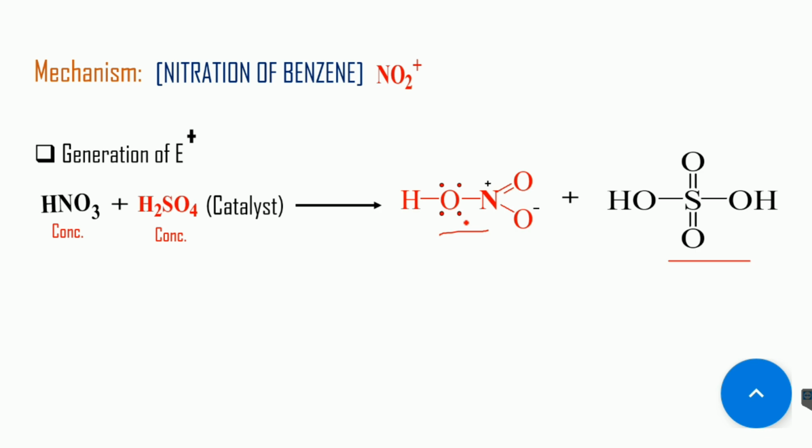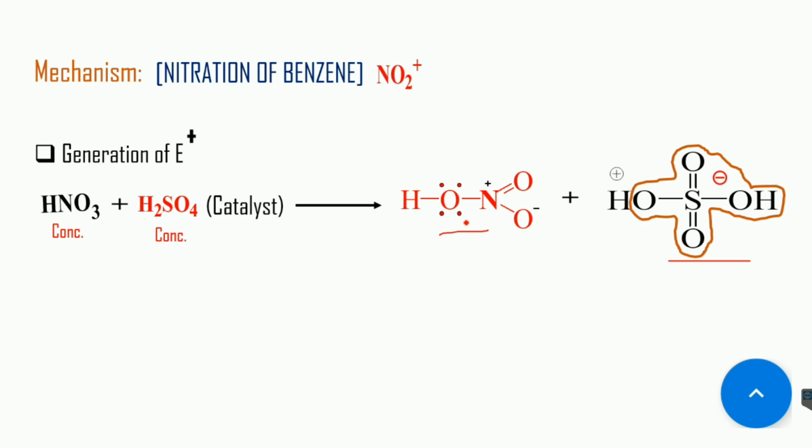H2SO4 will also dissociate in the same manner. This part will be dissociated with different charges, one positively charged, that is we get our small electrophile, H plus. And the remaining part, the whole complex, will become HSO4 minus, which is also a nucleophile.